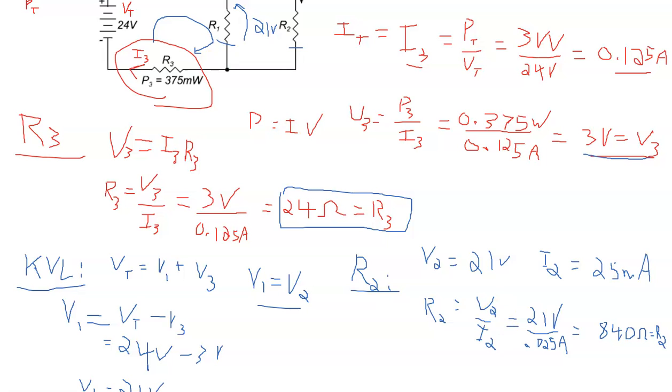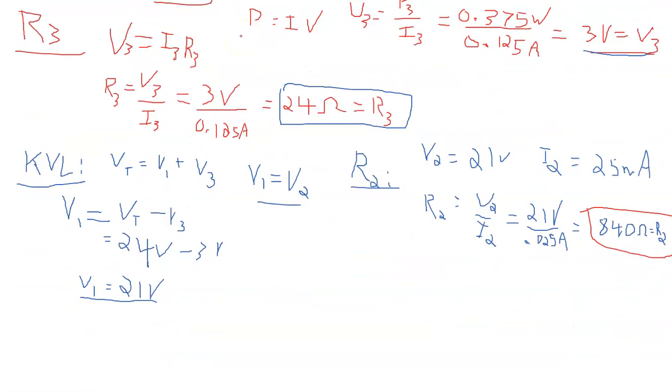Okay, so one more to do, and that is R1. For R1, so far we've got one piece of information, but we'll apply Kirchhoff's current law at this junction here. Kirchhoff's current law there tells me that the current that enters is IT, and that is equal to the sum of the two currents that leave that junction, namely I1 plus I2.